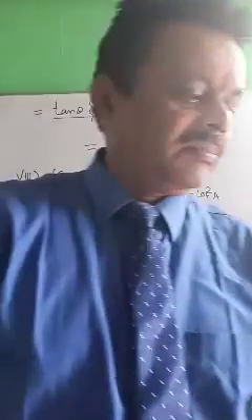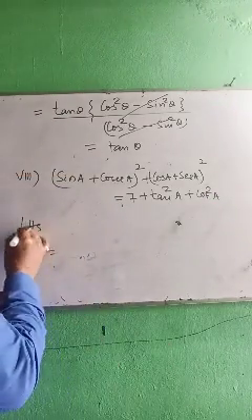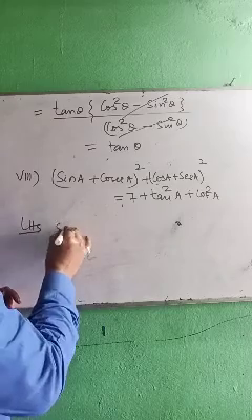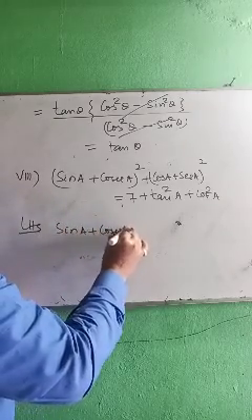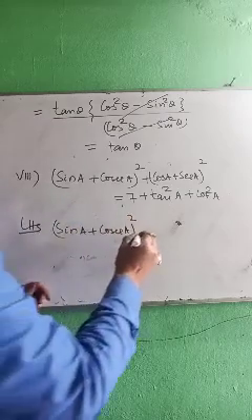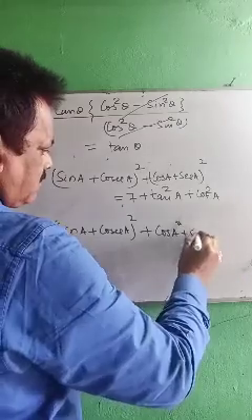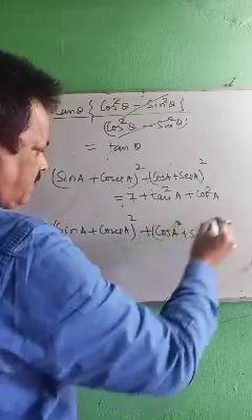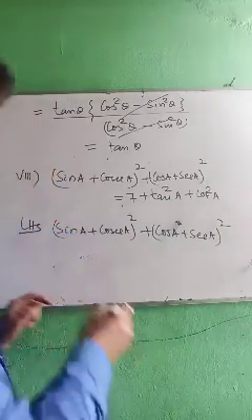Looks very lengthy, but a very simple method. Look at here. Take left hand side. This is (sin A plus cosec A) whole square plus (cos A plus sec A) whole square. Now A plus B whole square formula.